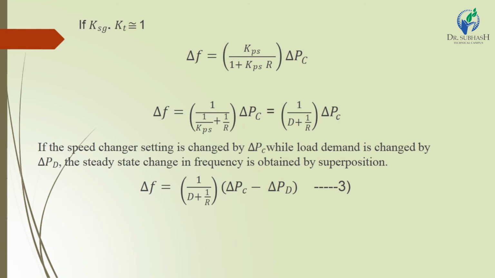If the speed changer setting is changed by delta PC while the load demand is changed by delta PD, the steady state change in the frequency is obtained by the superposition theorem. Delta F is equal to 1 upon D plus 1 upon R, into delta PC minus delta PD. This is known as equation number 3.